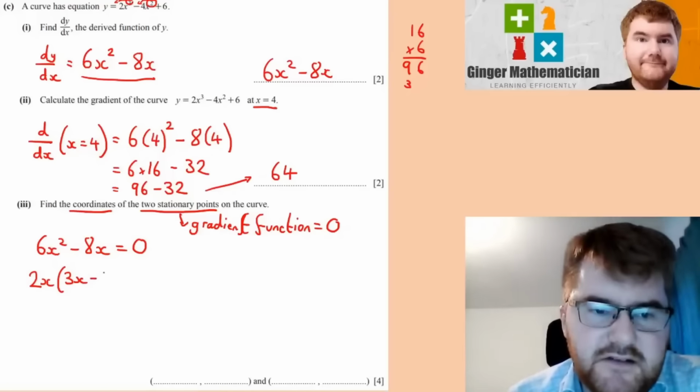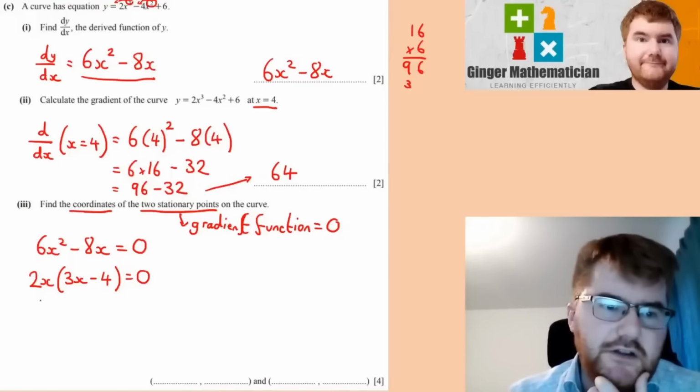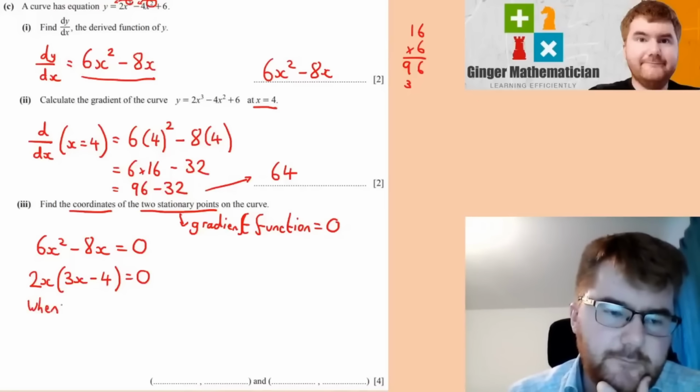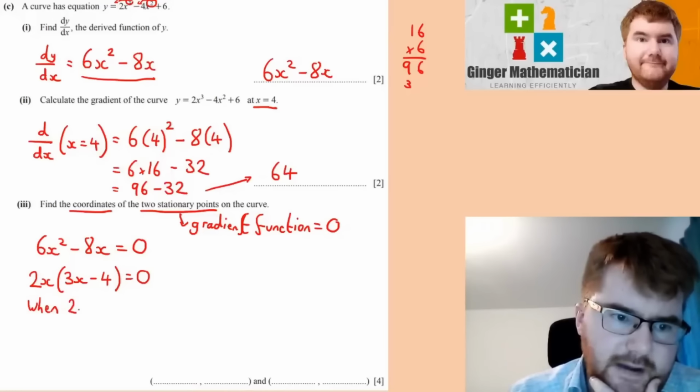And just like we did in one of the paper 2 questions, we use our null law. So when 2x is equal to 0, so we know one of these things has to be 0, we don't know which one.